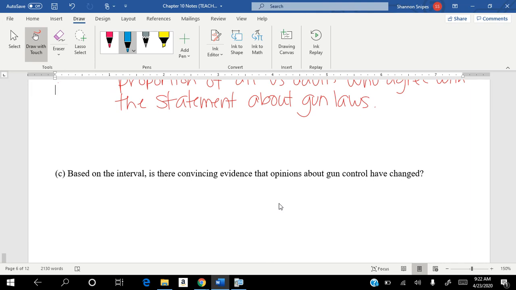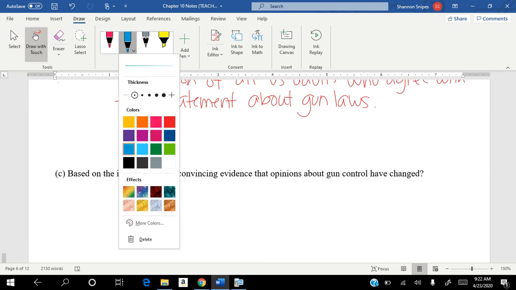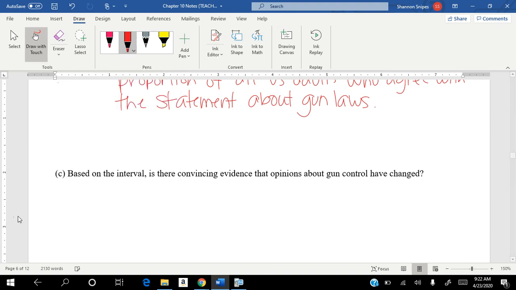So based on the interval, going back to the last chapter where we can actually use a confidence interval to give the results of a significance test, is there convincing evidence that opinions about gun control have changed? Think about it. Yes. Why? We need to look for 0, since 0 is not in the interval.